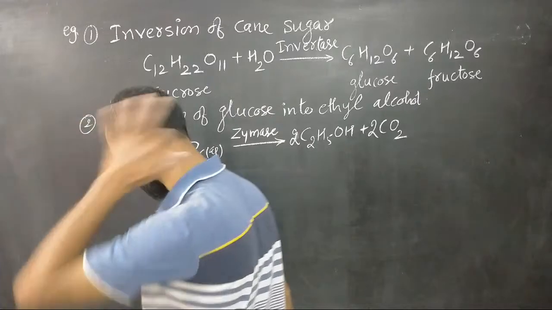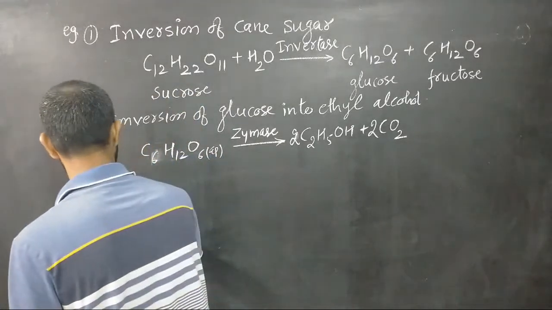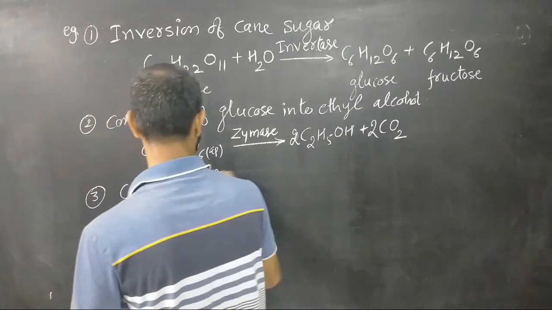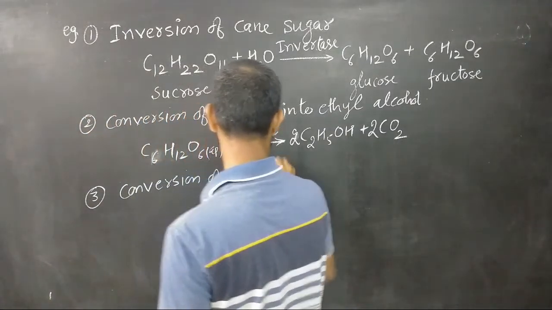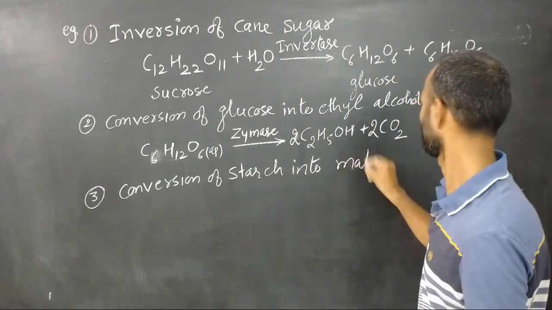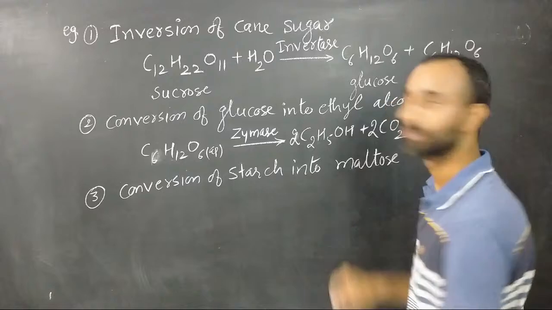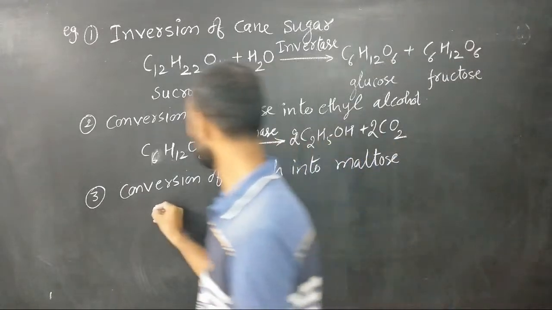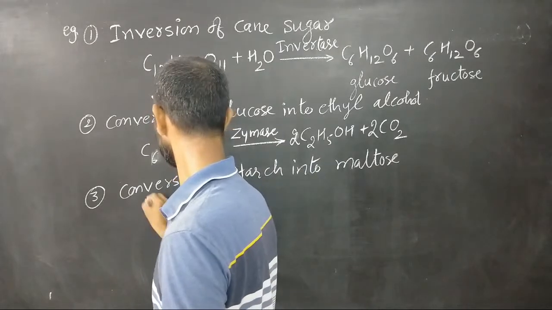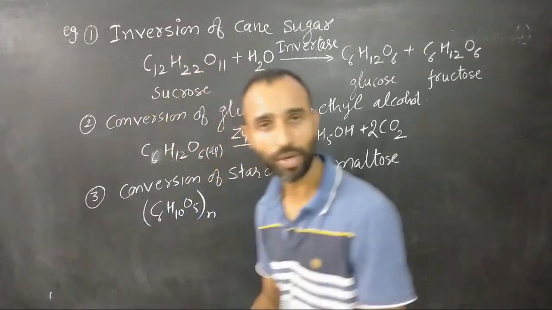Third, hydrolysis of starch. Okay, conversion of starch into maltose. Okay, starch is polymer of this repeating unit (C6H10O5)n.